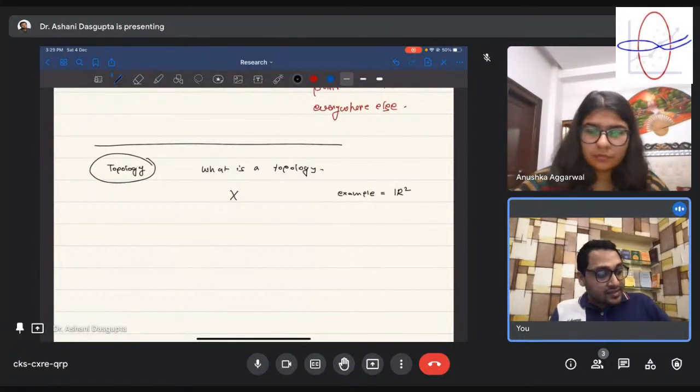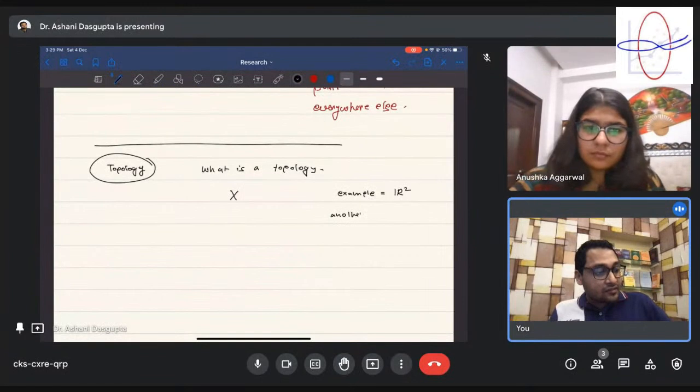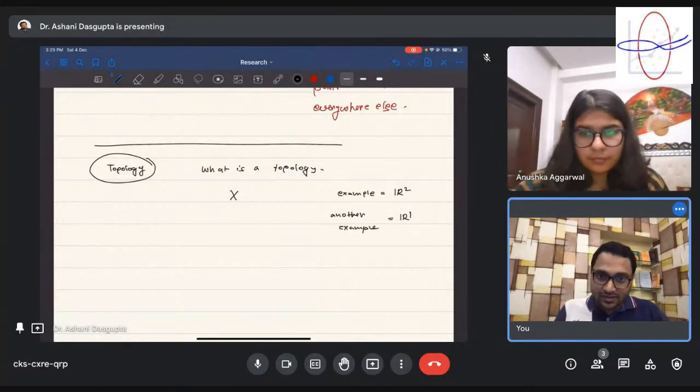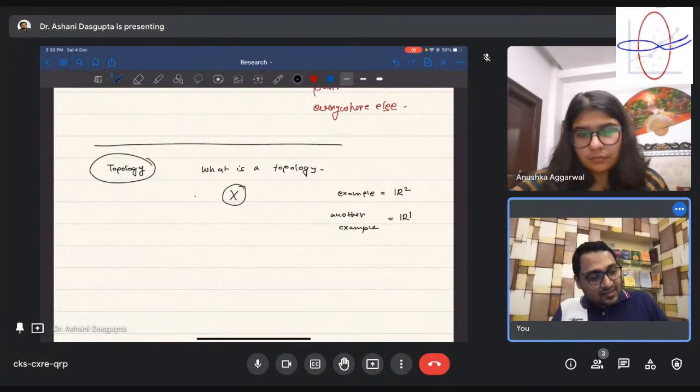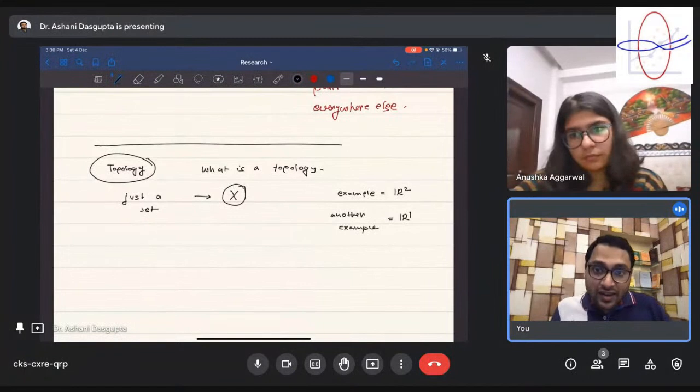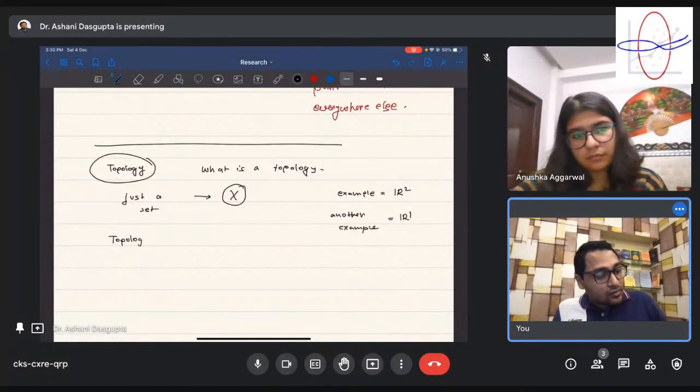We can have another example, which is R1, that's fine as well. R1 means all the real numbers. But that is just a set. Now we put some structure on this set. We define something called a topology on X.